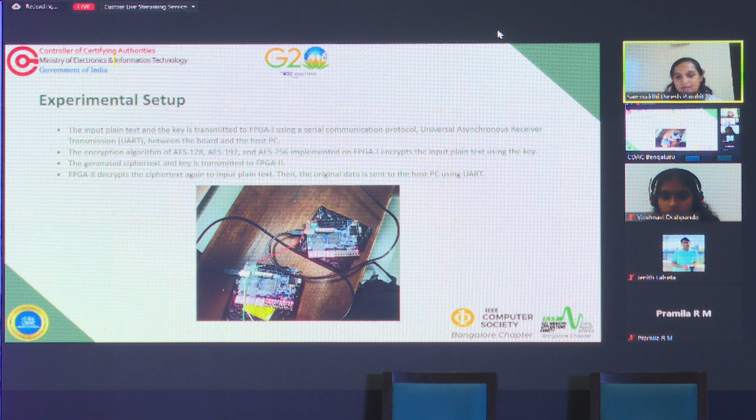Then the encrypted data and the key are transmitted to the second FPGA using the UART protocol. In the second FPGA, to validate the decryption part also, we ran the decryption algorithm. It can again be AES 128, 192 or 256, and then that FPGA sends the data to another host PC, which should be the original data that we sent through the first host PC. In this way, we validated the encryption as well as the decryption part.